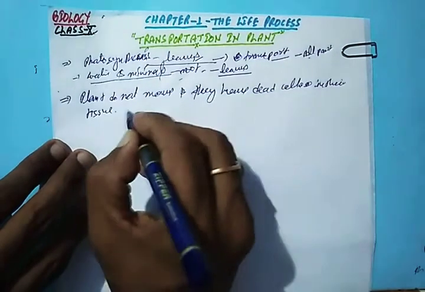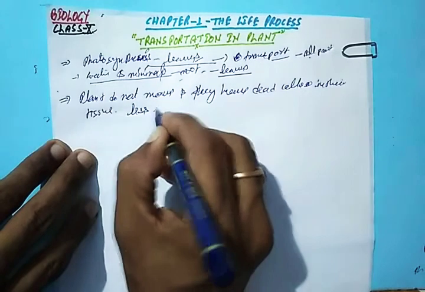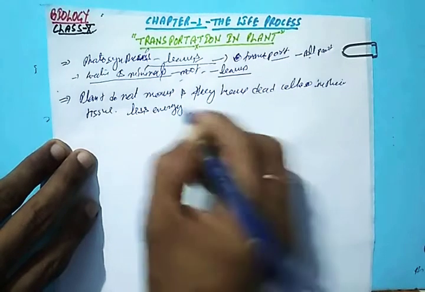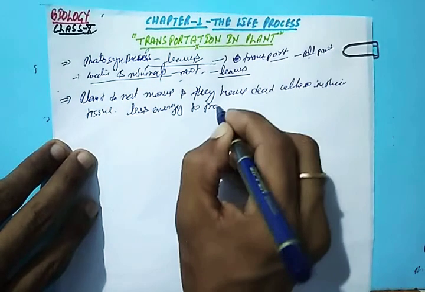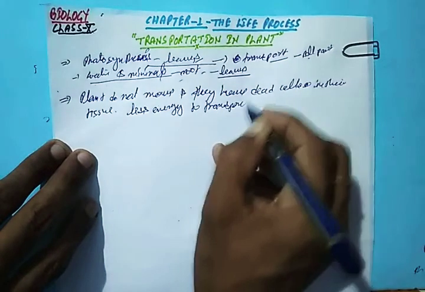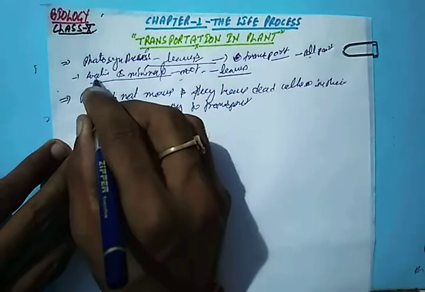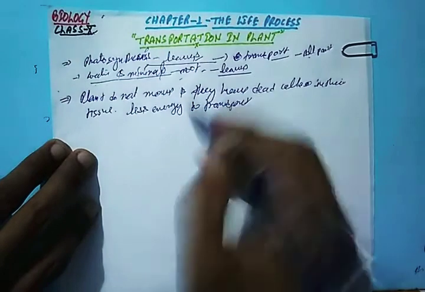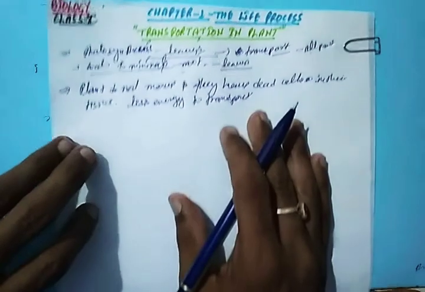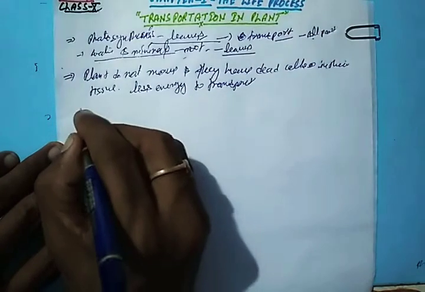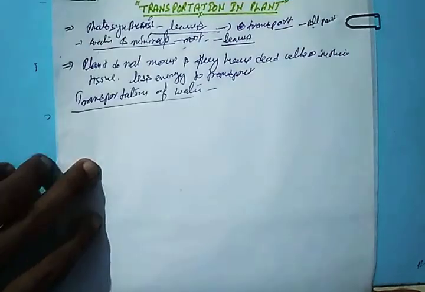That's why they need less energy to transport the food material as well as water and minerals compared to animals. So, start with transportation of water.